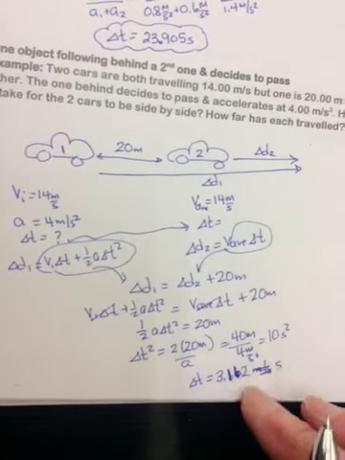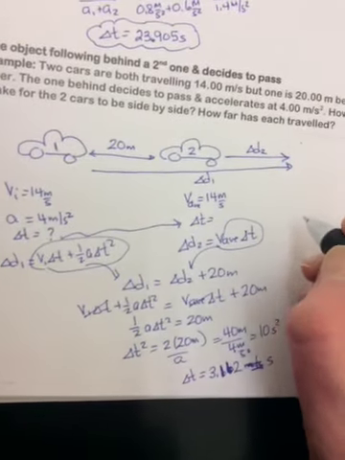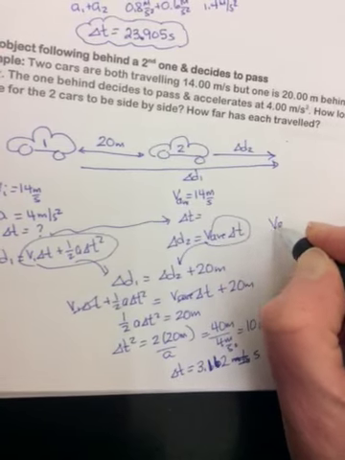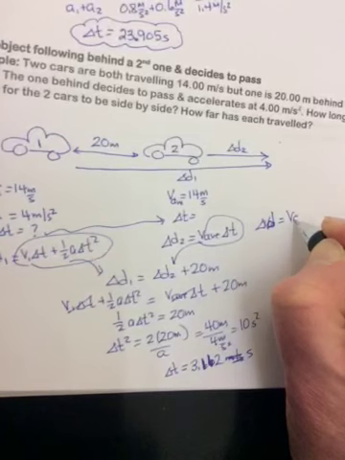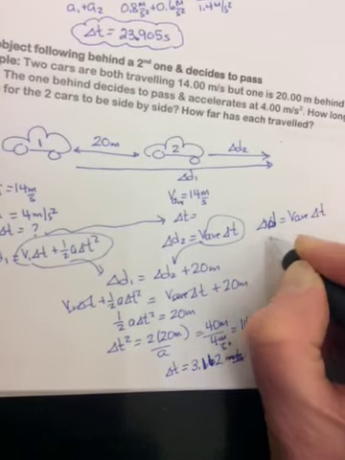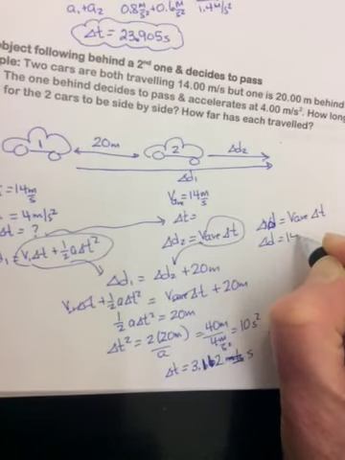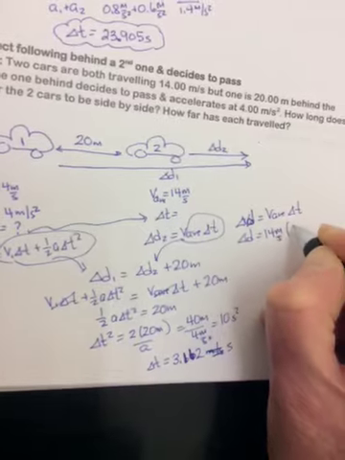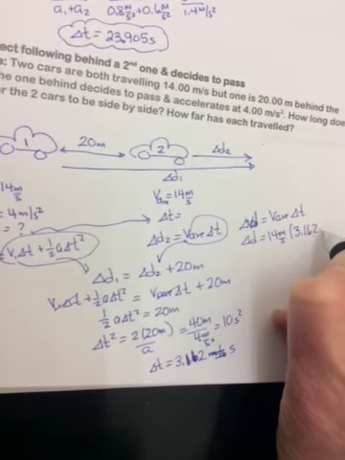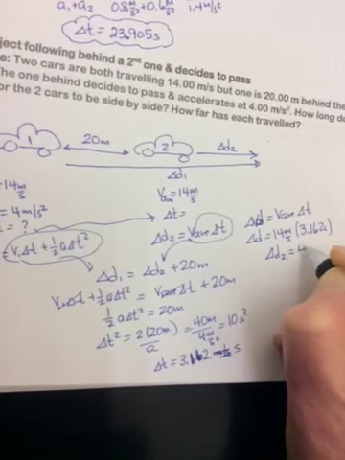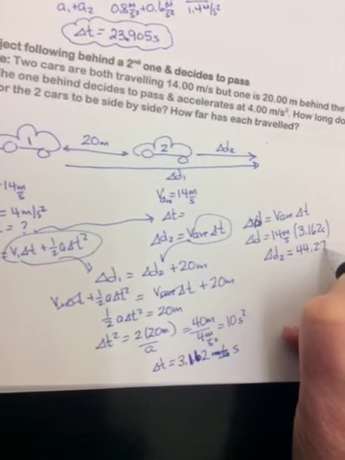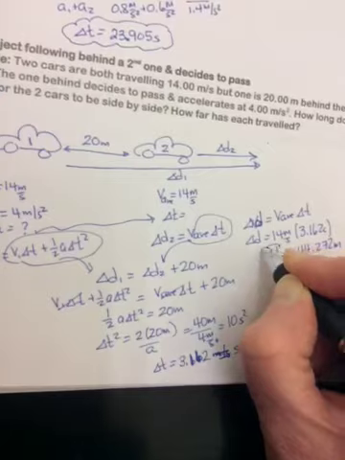So now you take this time and you fill it back in up here. Delta D is equal VAV delta T. So 14 meters per second times 3.162 seconds should give you a D for car 2 of 44.272 meters.